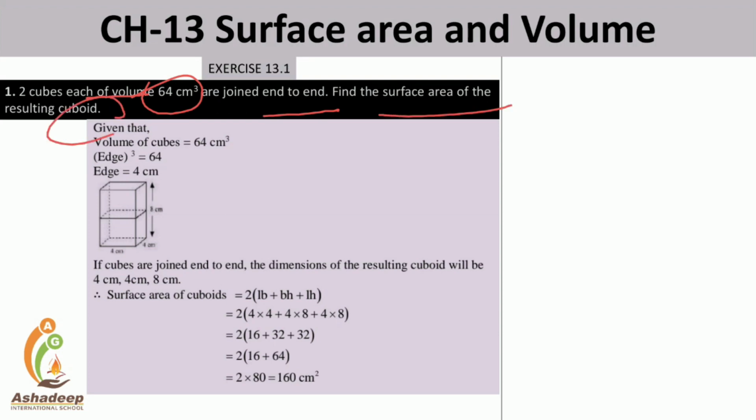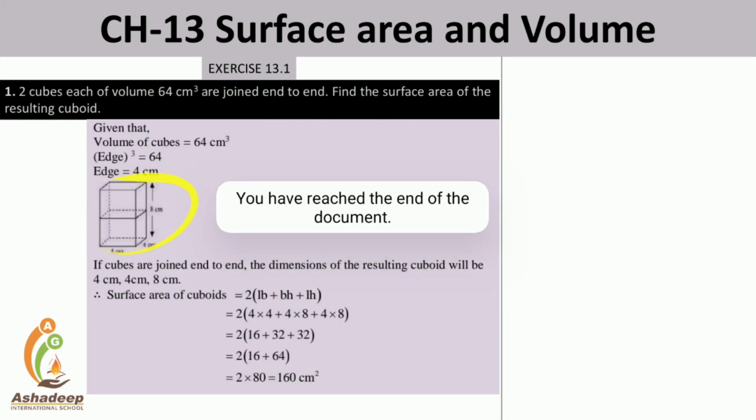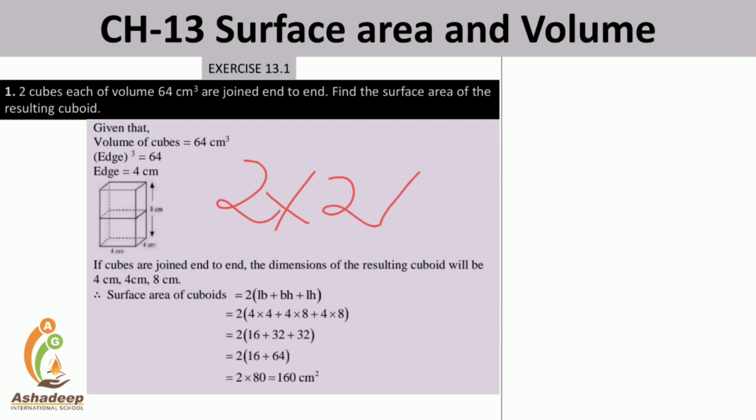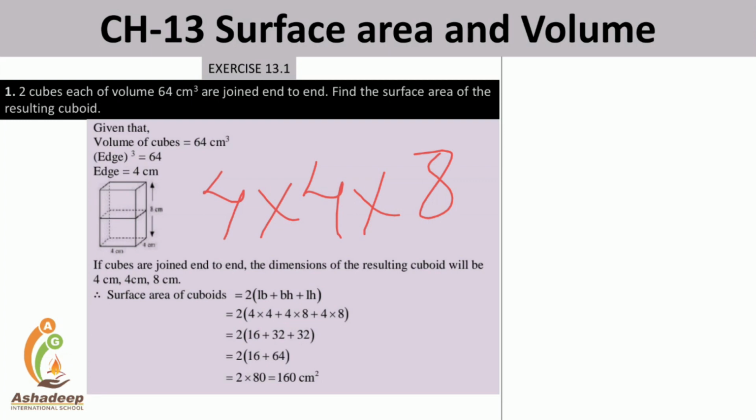Here it is given, it becomes a cuboid. How does it become a cuboid? See here in this figure. See 4, 4, 4, but if we join, 4 plus 4 becomes 8, right? So now this is a 4 by 4 by 8 cuboid, right?